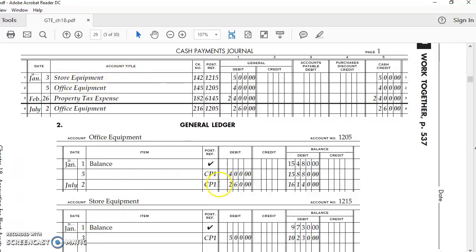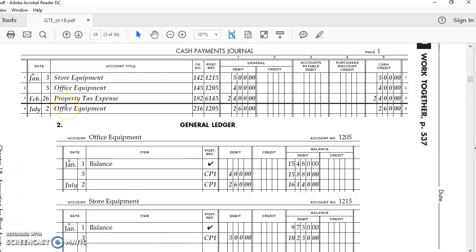It's a $500 debit. This is a debit and this is a debit, so I add this to get my new total. This is 1215. So you're going to put the 1215 up here for post ref. And this is CP for cash payments, journal 1. So you put CP1 down here.